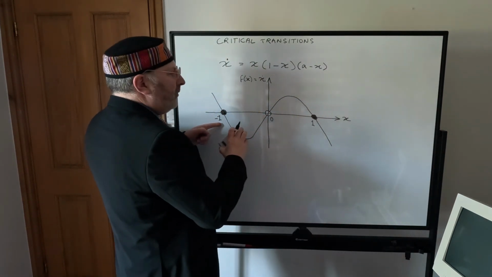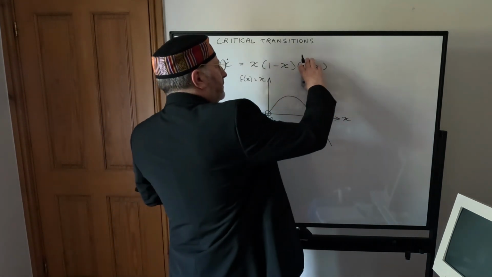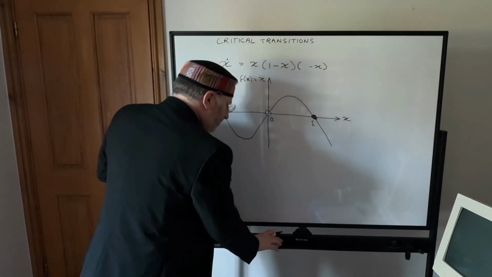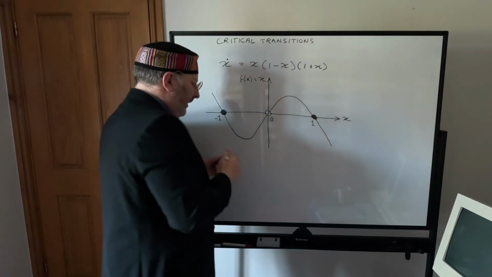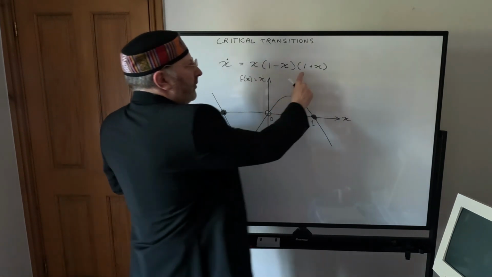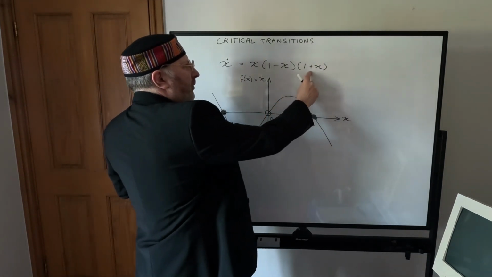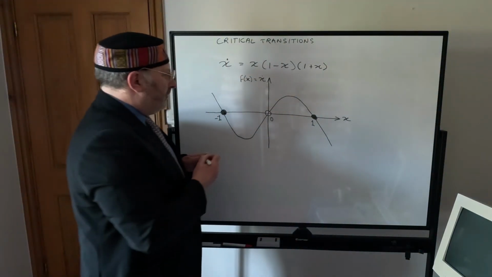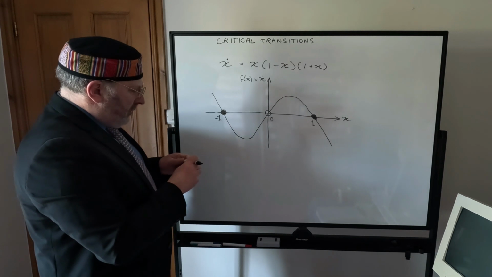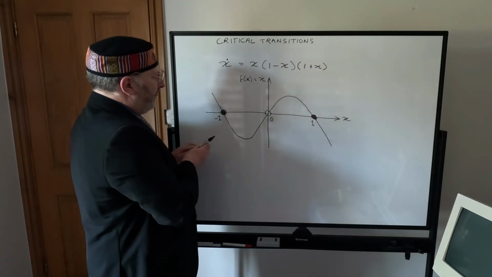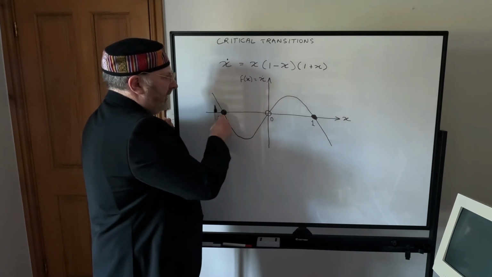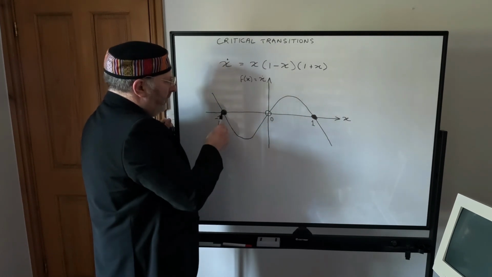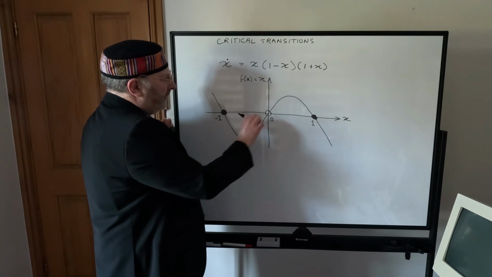So if we're going to have -1 for a, what we can do here is write this as 1 plus x. So in this case, when x is -1, this will be 0. So we've got our two fixed points, and if the system is anywhere on this side of the x dot axis, it will move towards this one.